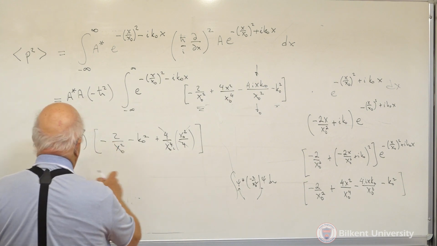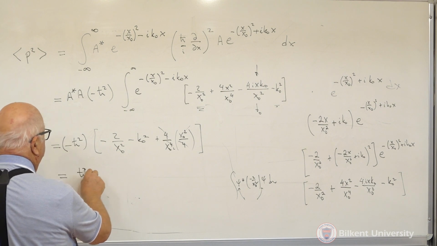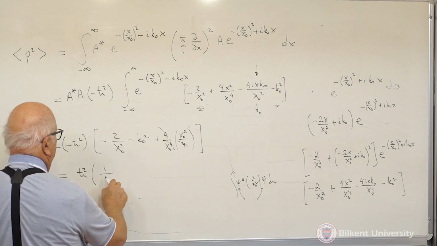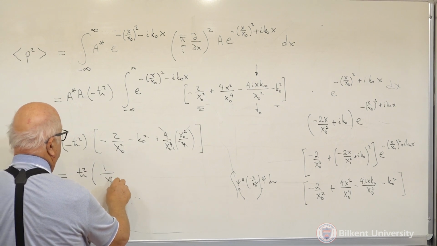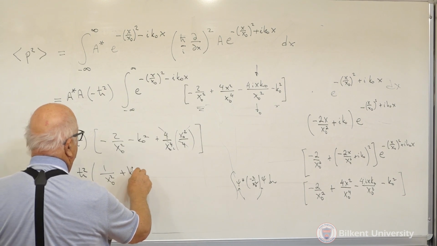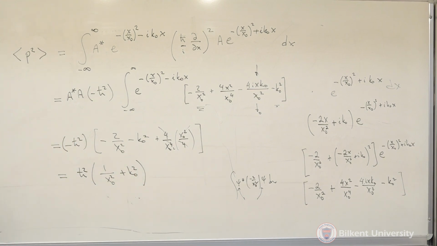So it's going to be minus 1, so long story short, this is going to be h bar squared, okay, 1 over x0 squared plus k0 squared. Okay, so that's what p squared is.